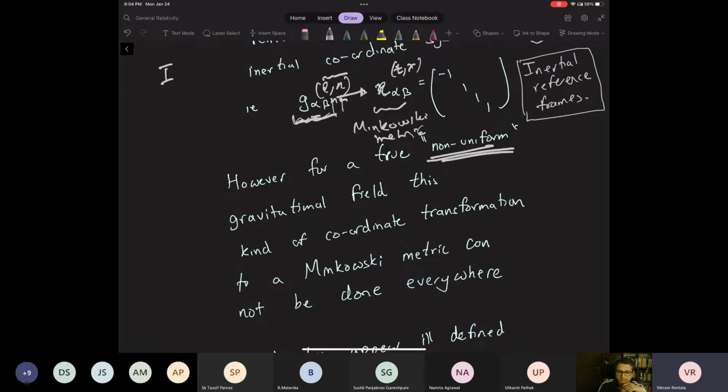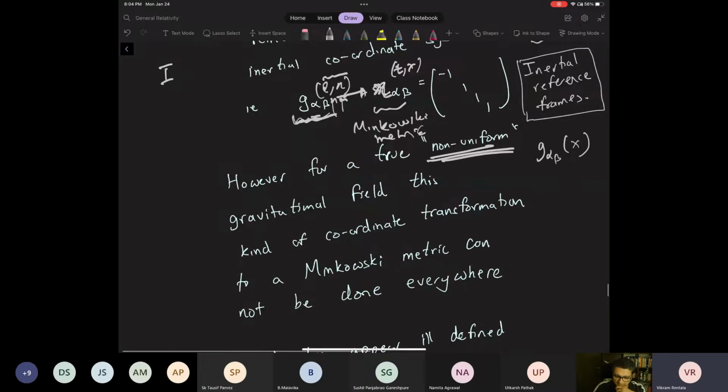It's not possible everywhere in space-time to simultaneously switch off the coordinate dependence by just switching to a particular coordinate system. That is, it's not possible to get the Minkowski metric just by a change of coordinates everywhere in space-time. You might be able to do it in one region of space-time, but if you do, in some other region of space-time, g alpha beta will become coordinate dependent.